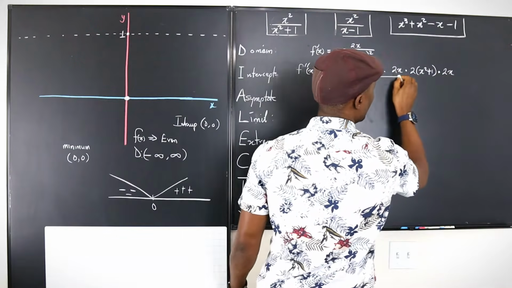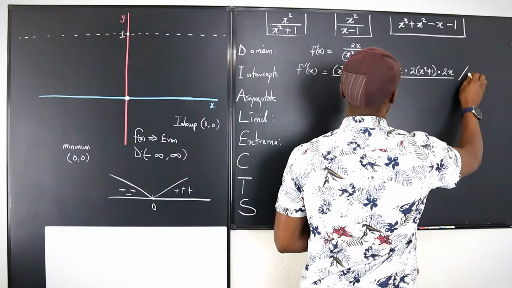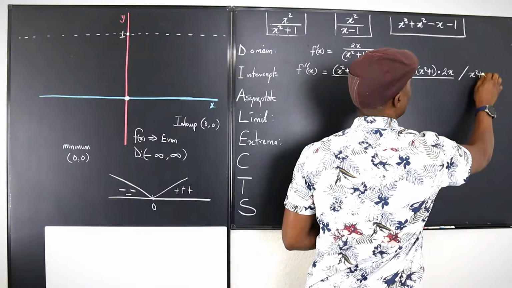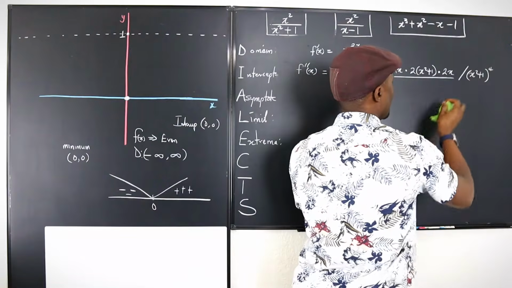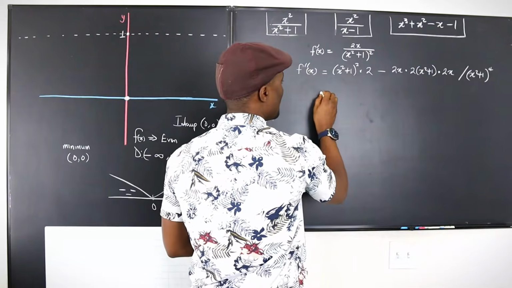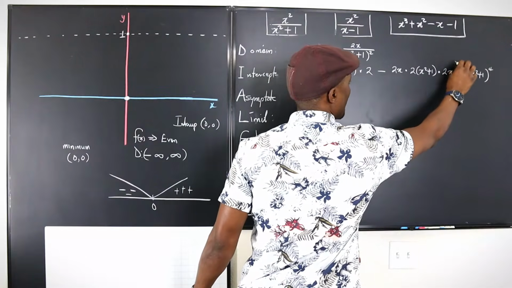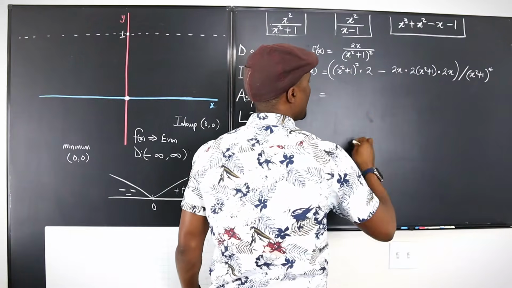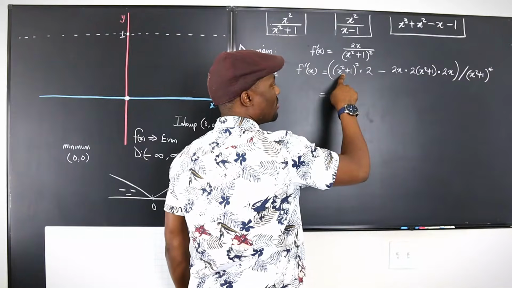Okay, all over, I'm just going to put it on the side to save space, all over (x squared plus 1). If you square this, it's going to be to the 4th. Okay, so let's leave that out. So this is equal to, remember all of these will be divided by that. Now if we simplify what's inside, we can take out x squared plus 1 actually.